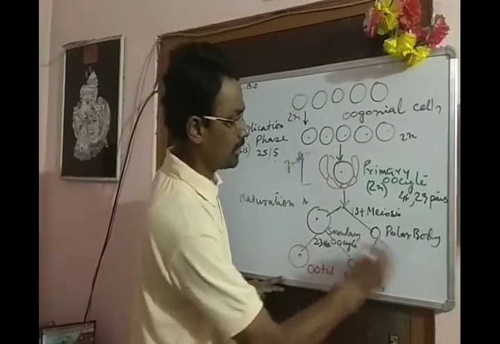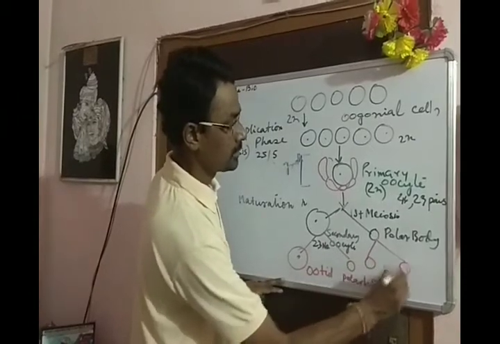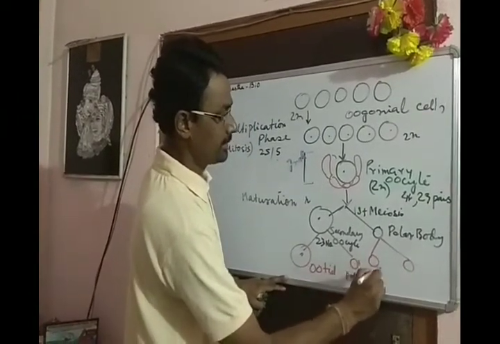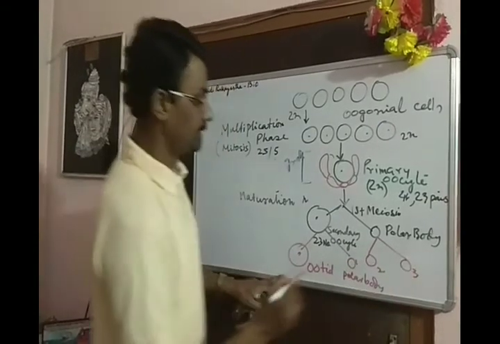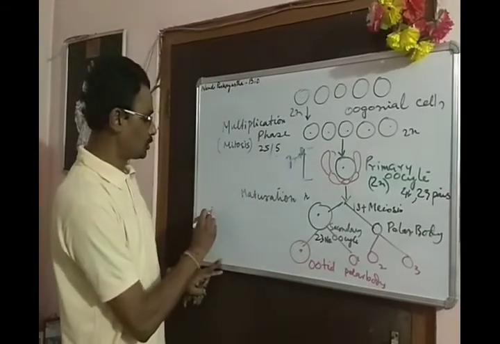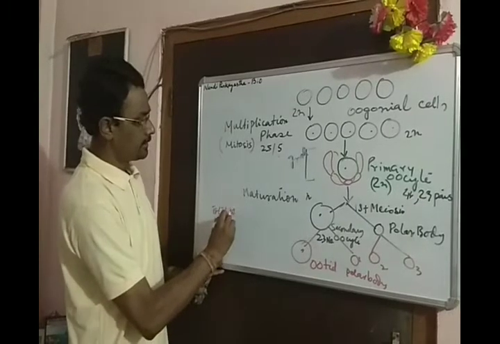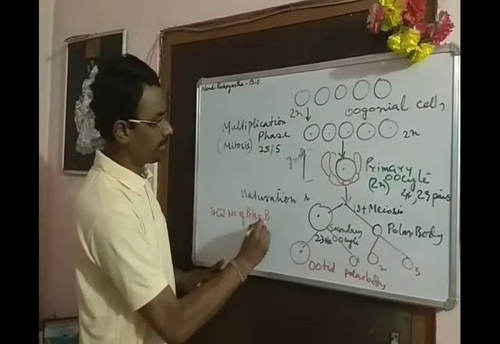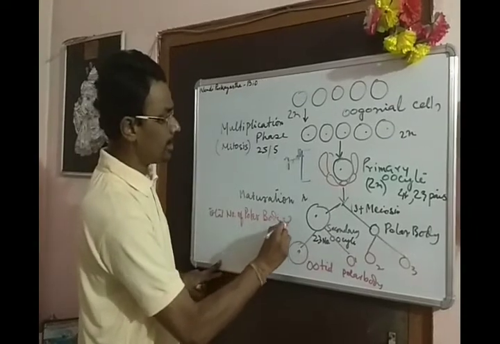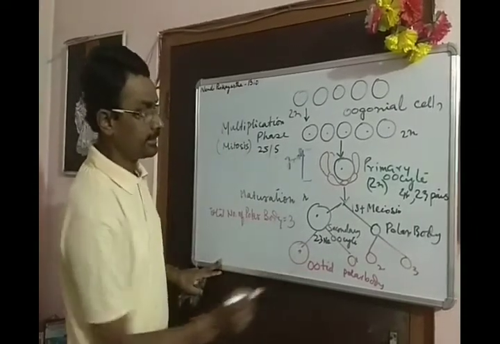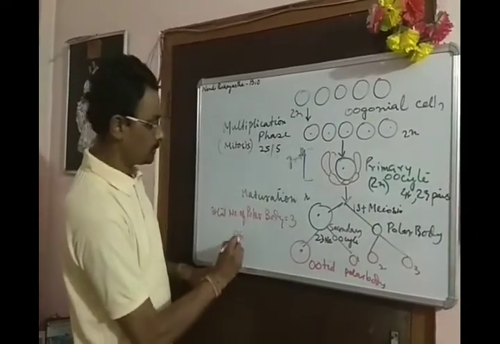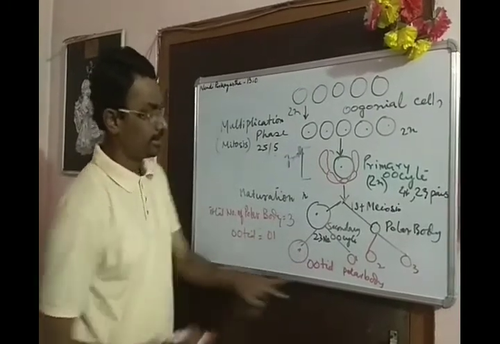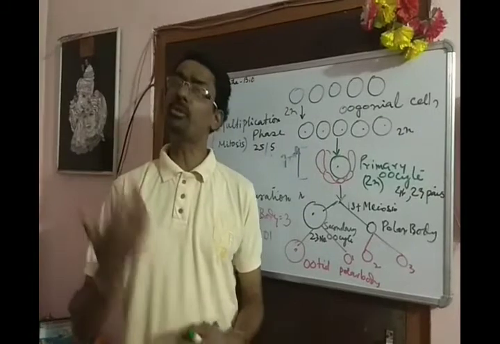So it also develops two polar bodies. This one, second, third. So total number of polar bodies is equal to how many? 3. The ootid is 1. The ootid leads to the formation of the egg.